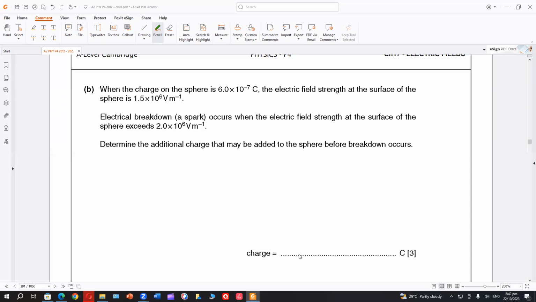What is the formula for electric field strength? E is equal to k Q upon x square.